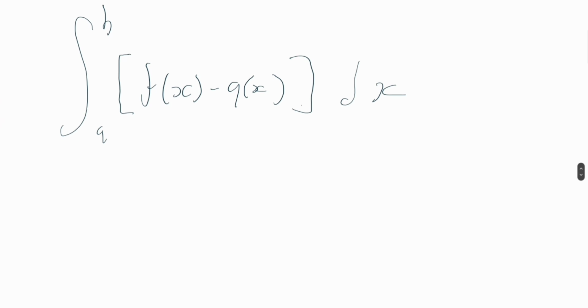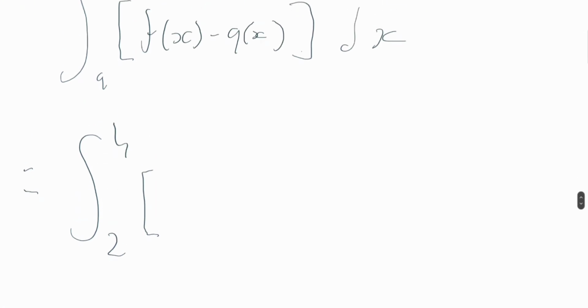So in this case, we want to find the definite integral from 2 to 4, and f of x is going to be x squared plus 2 minus x squared.